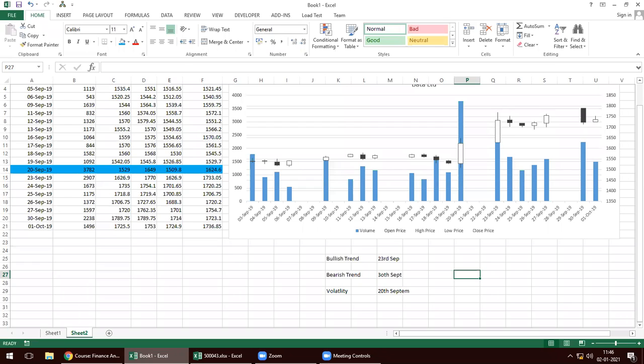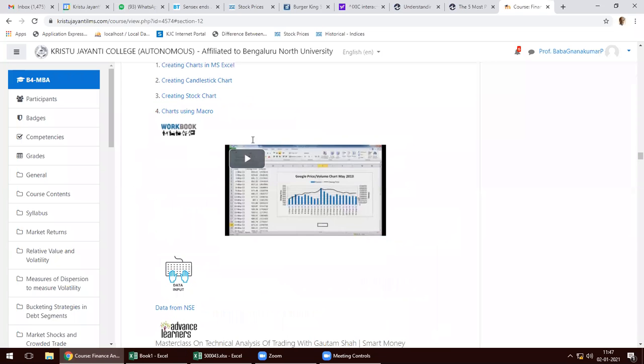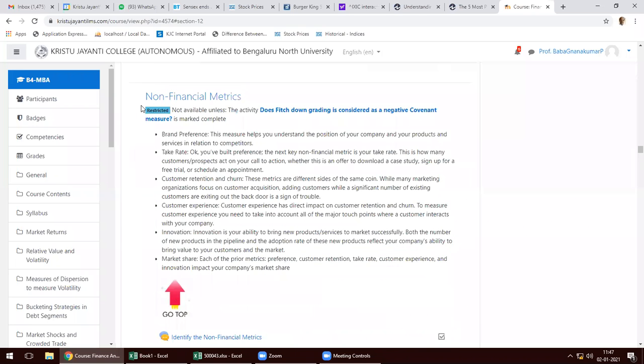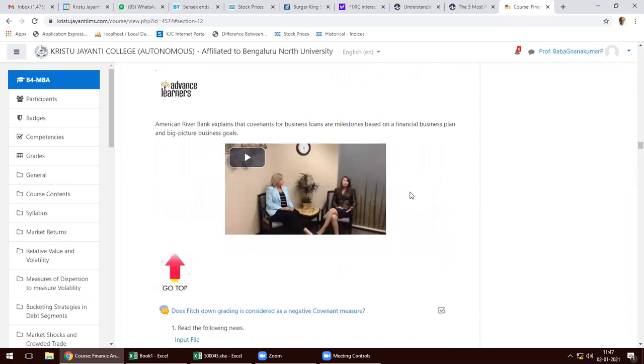Subhashri says it is restricted, so she is not able to go to that part. Restricted means you might not have answered the first question. The technical chart will open only if you answer the non-financial metrics. That is why I'm telling you, you have to answer this question, then only it will go to the technical analysis. It won't open. That means you have to read the previous stories.